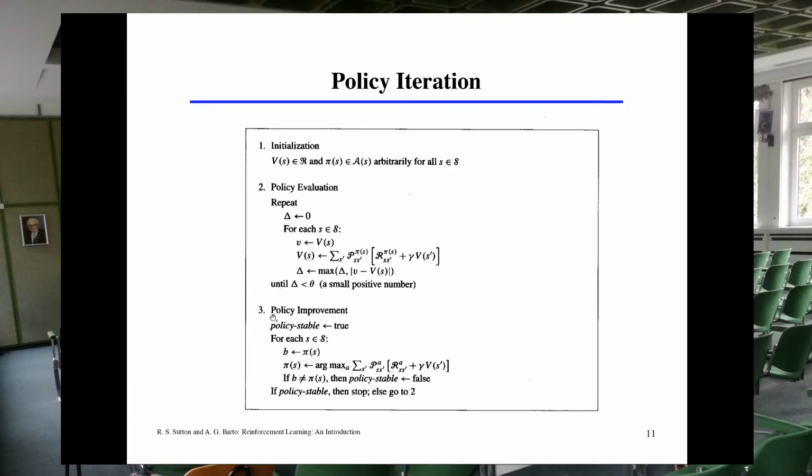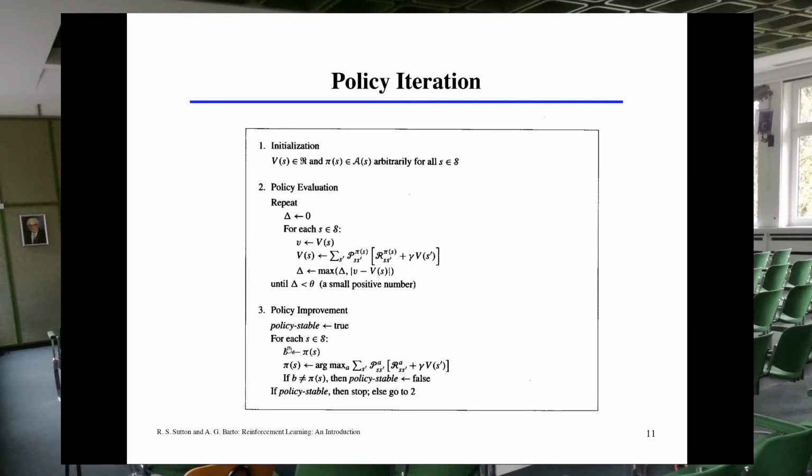Then you need to go to stage 3, where is policy improvement. So you have updated your value according to this policy. So the first time you run this, you will update your value function based on a randomly generated policy. Okay, but that's okay, it's the first time you apply this.